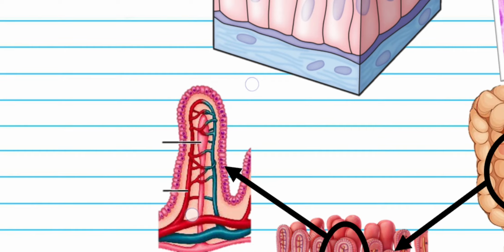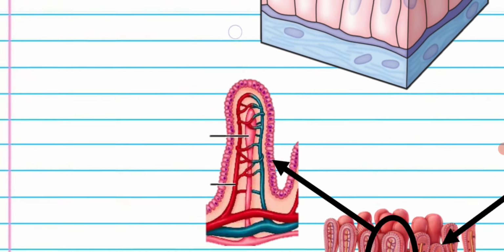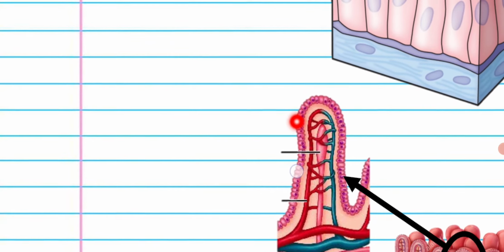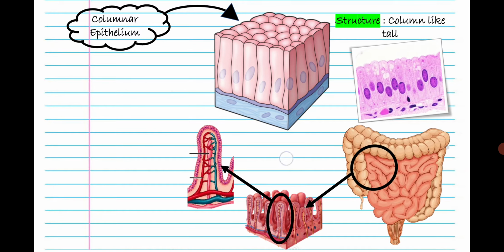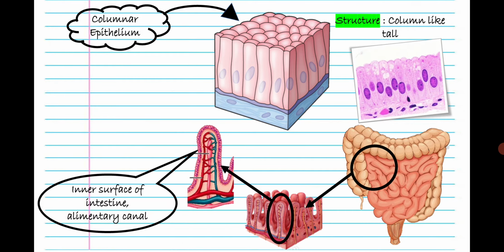The wall of a villus is made up of column-like tissue, and these column-like tissues are nothing but columnar epithelium tissue. They are present in the inner lining of our intestine as well as in our alimentary canal, that means our digestive tract.